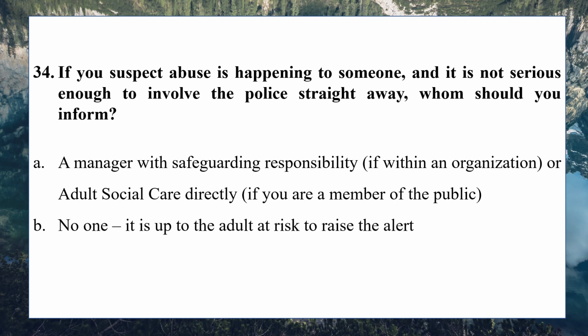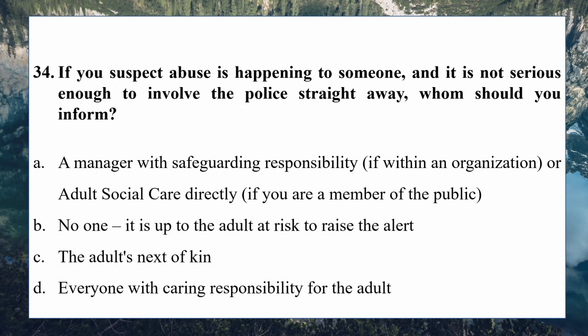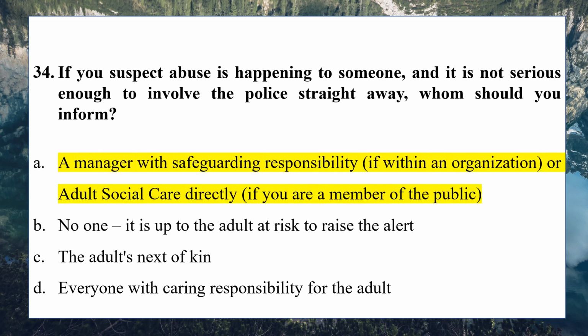It is up to the adult at risk to raise the alert. Option C. The adult's next of kin. Option D. Everyone with caring responsibility for the adult. The correct answer is A. A manager with safeguarding responsibility if within an organization, or adult social care directly if you are a member of the public.